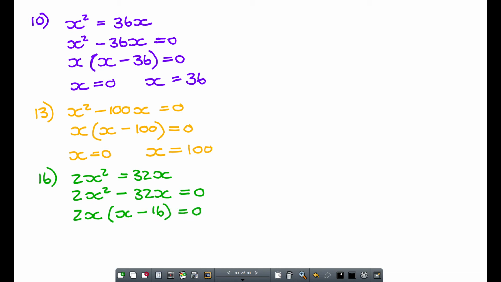So this first part is actually 2x equal to 0. And how do I get rid of that coefficient? We divide both sides by 2, right? So my answer will still be x is equal to 0. In the bracket, I'm going to make that x minus 16 equal to 0, which means that x will be 16. Any questions? Right, can I skip? Yeah.